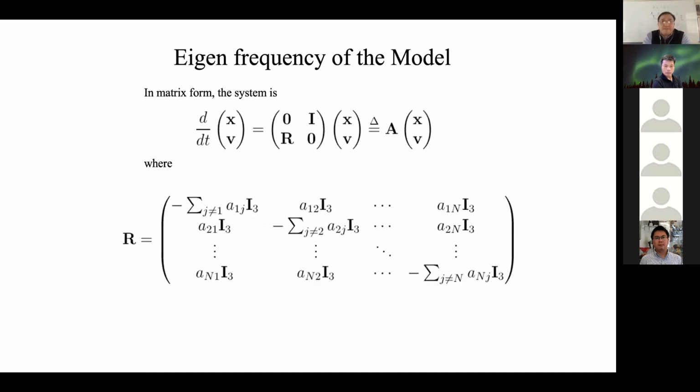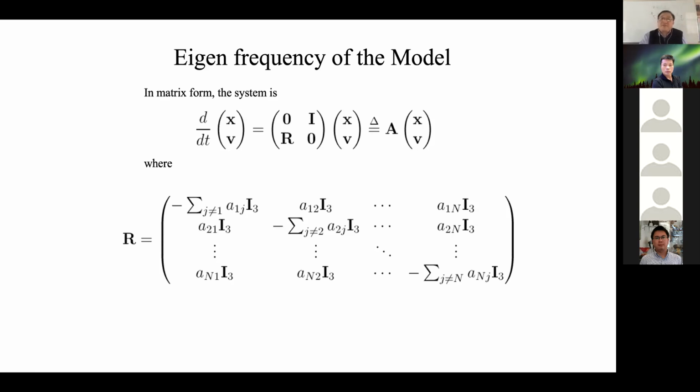And for this ODE system, the first question, in fact, was asked by one of my colleagues. It is the following: what is the eigenfrequency? The system is a conservative system if we don't introduce a damping force. The first question asked by my colleague, Roman Samulyak, is what is the highest frequency?